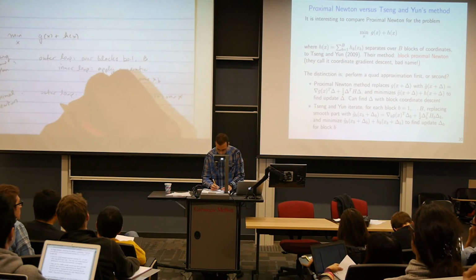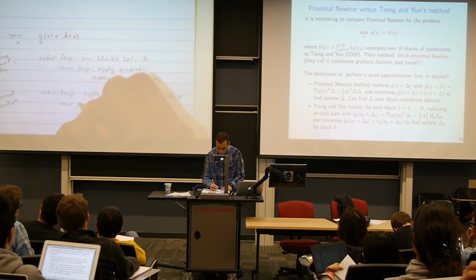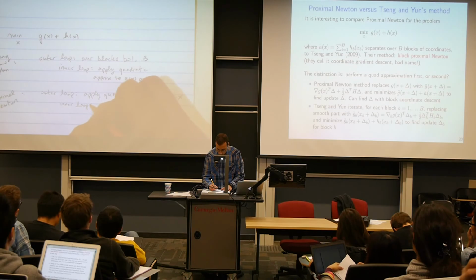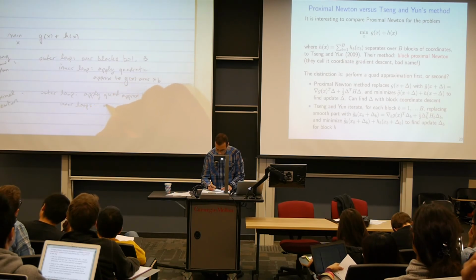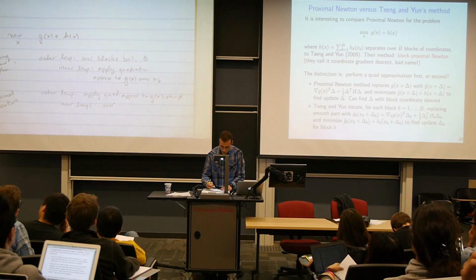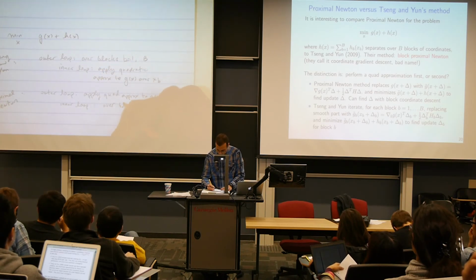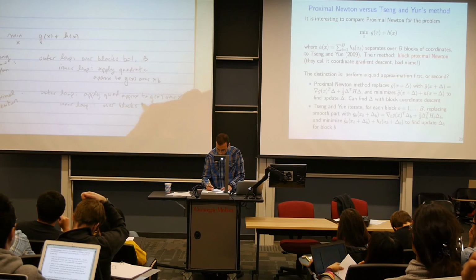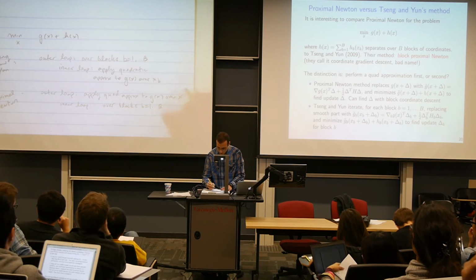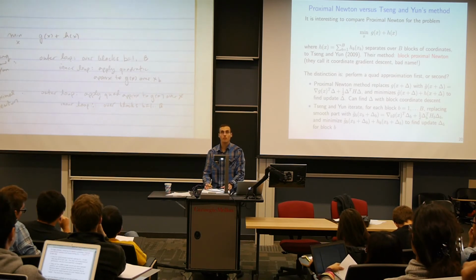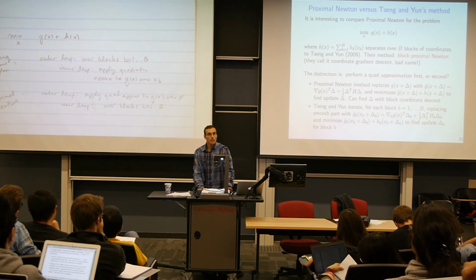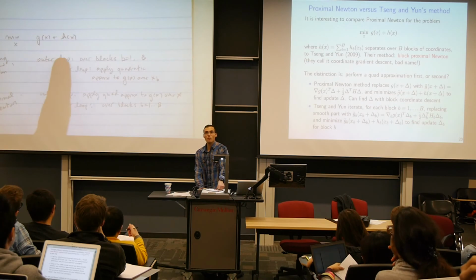And then the inner loop, to solve the proximal operator, is that you iterate over blocks, say b equals 1 through B. So the opposite order.